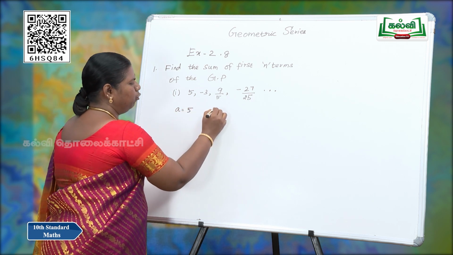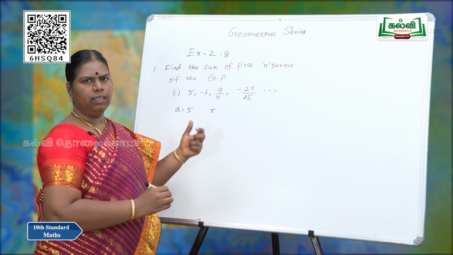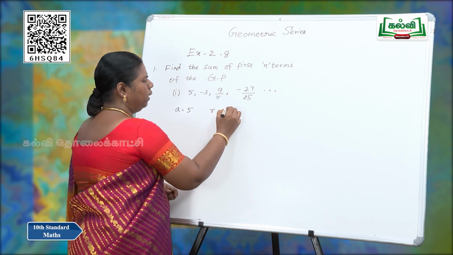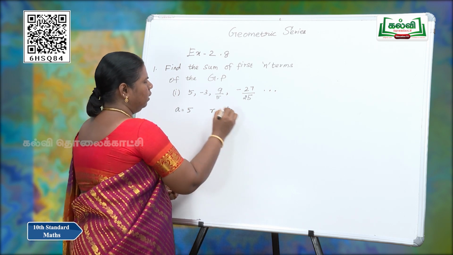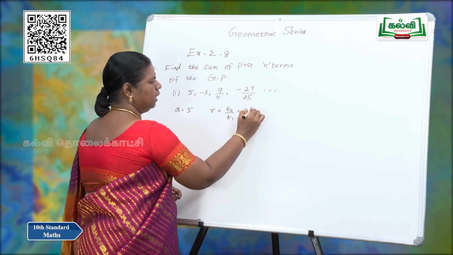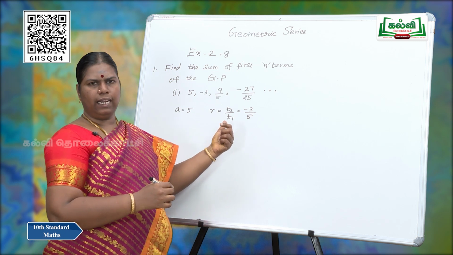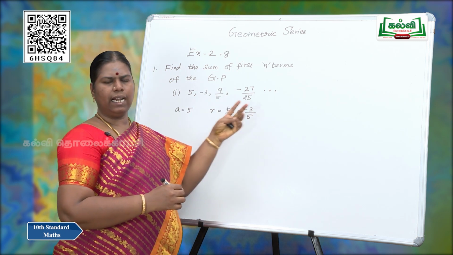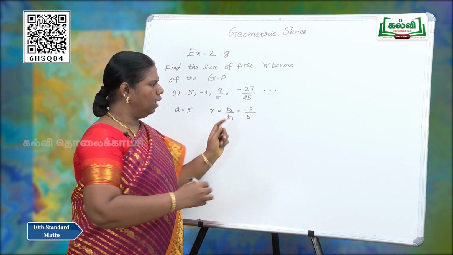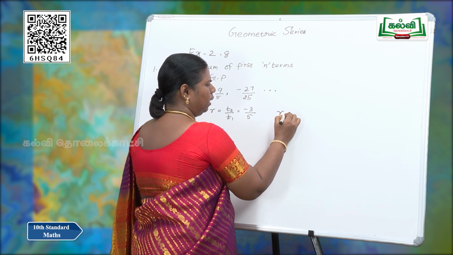Second, we have to find the common ratio. The formula is T2 by T1. T2 is minus 3 by 5, T1 is 5. So, we have to analyze R, whether R is greater than 1 or less than 1. R is less than 1.